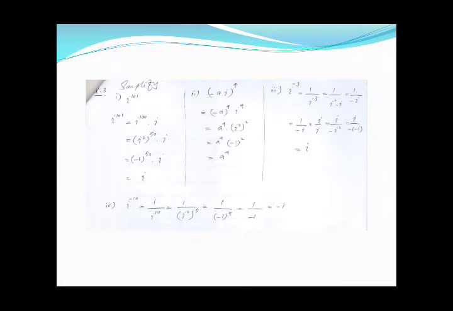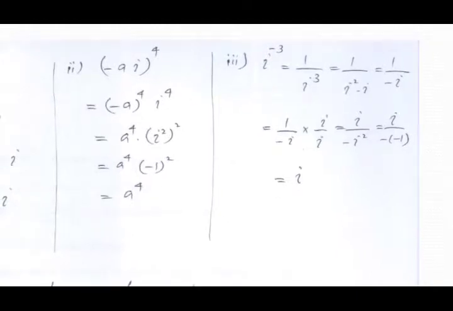In the next question, simplification. Same as exercise 1.2. If you have an odd power, then reduce its power by taking out 1 iota and it becomes even, and then simplify it. Even power of a negative number becomes positive.